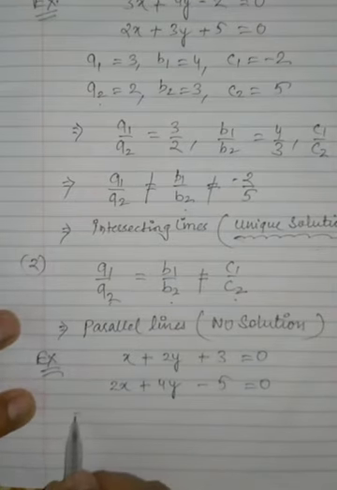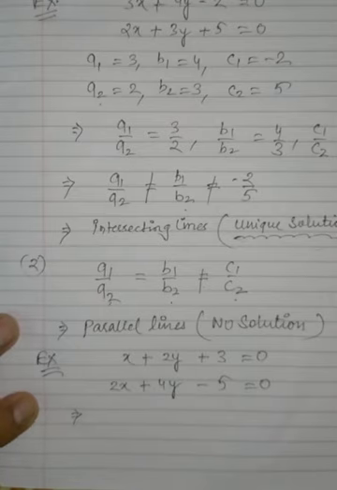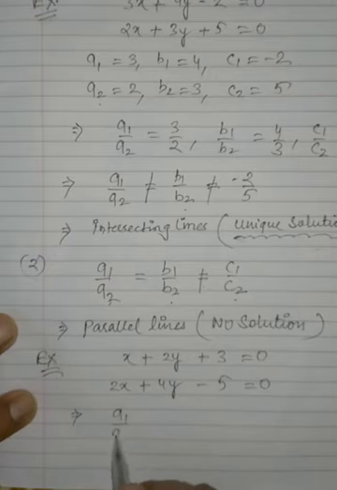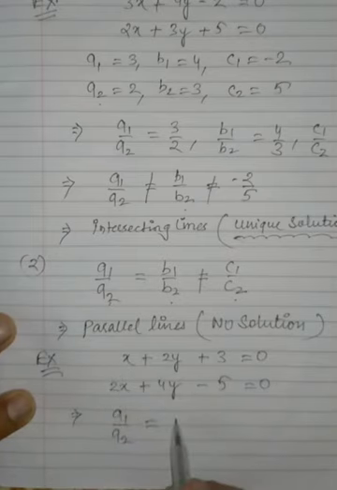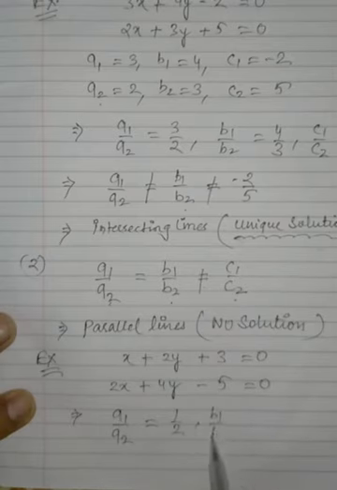Once again, if you compare them with the standard form of pair of linear equations, you will find that a1 upon a2 is equal to 1 upon 2. Here the coefficient of x is 1, so it is 1 upon 2. b1 upon b2 is equal to 2 upon 4.